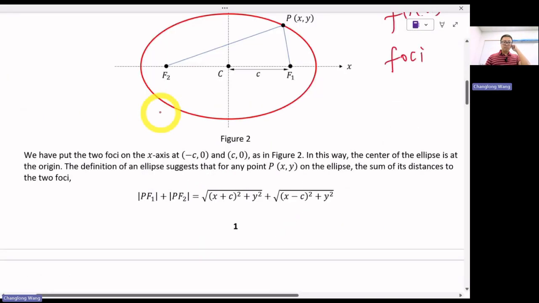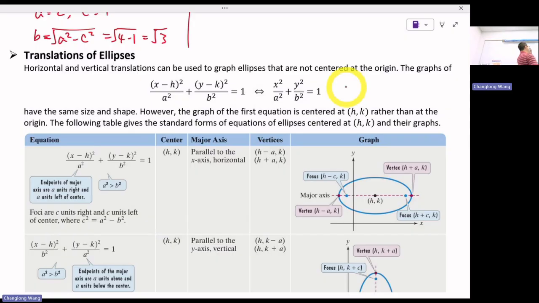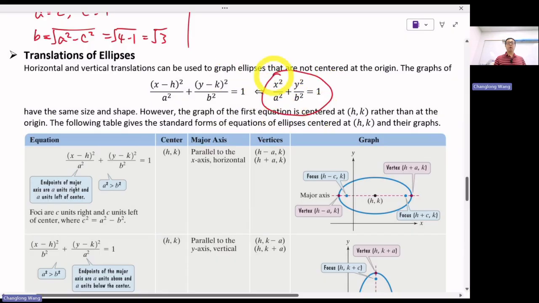Now, realistically, we're not always given an ellipse centered at the origin. So you might end up getting a shifted one. As you're looking at the standard form of, let's say, a horizontal ellipse centered at the origin, and the one on the left, it's the same ellipse, but now it's centered at (h, k).